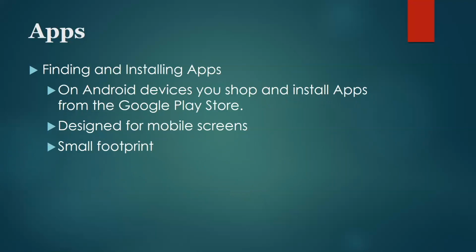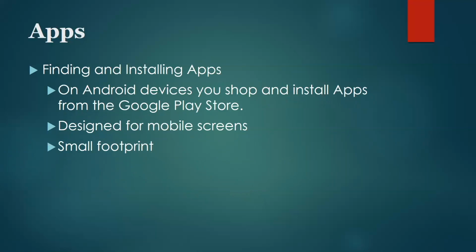So, finding and installing apps on your Android device: as I said before, you can shop and install apps from the Google Play Store. If you have an iPhone, you can do that from the App Store. But primarily, we'll be talking about what's available on the Android. Apps are designed for mobile screens.